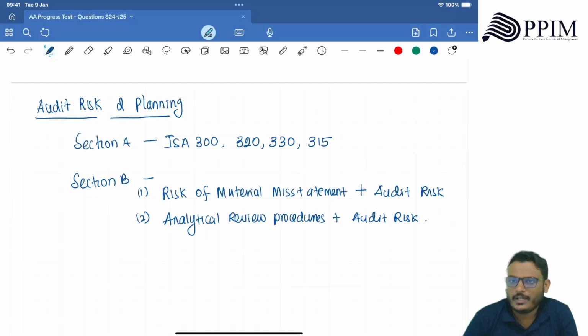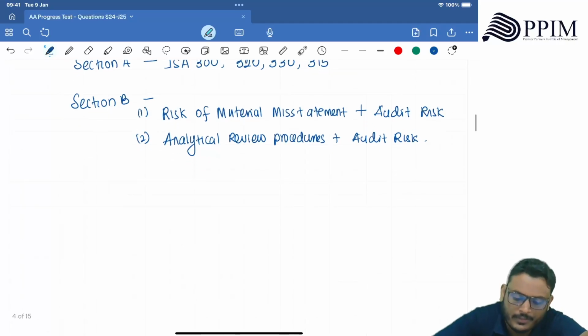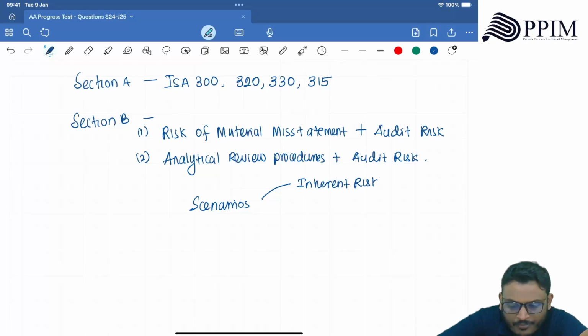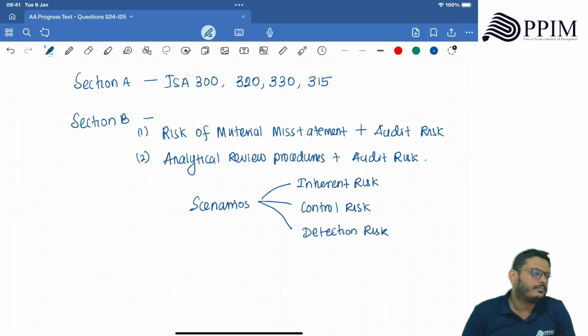Because most of the time the scenarios include inherent risk, scenarios include control risk, scenarios include detection risk, all three.